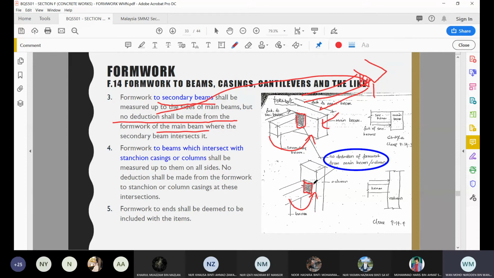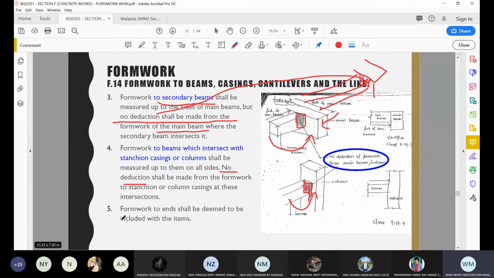Okay, so kawasan ni, walaupun ada bertindih macam ni, still no reduction lah. Formwork to beam, which intersect with extension, casing or column, shall be measured up to them on all sides. No deduction shall be made from the formwork to extension or column casing at this intersection.